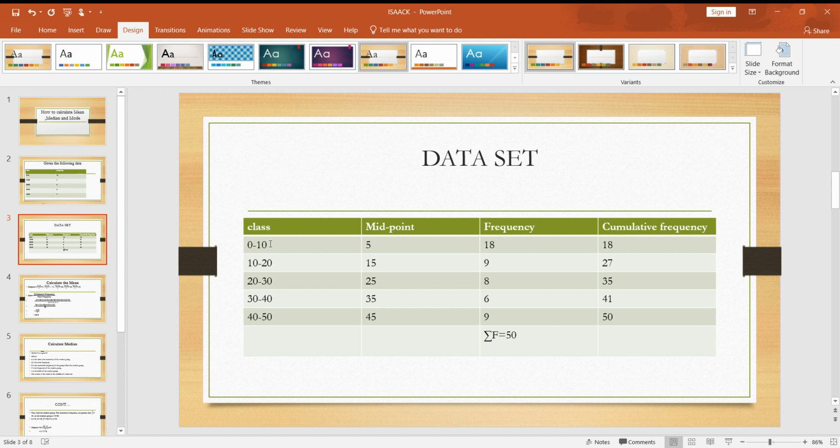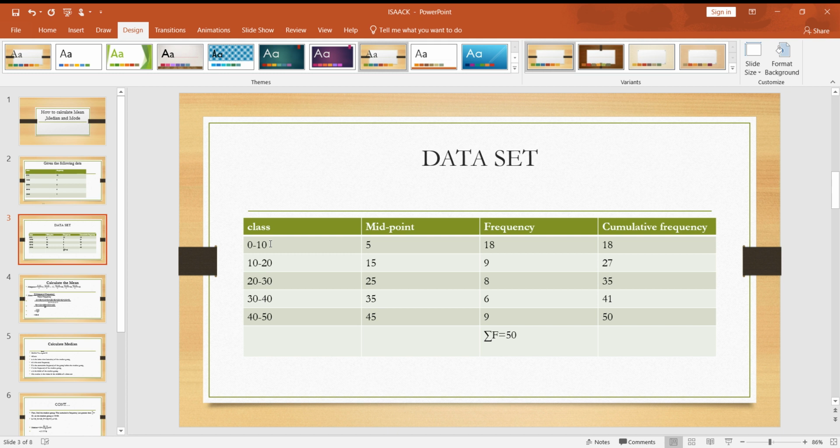The other class of 30 to 40, you just add 30 plus 40, that is 70, then you divide by 2 to get 35. The other class is 40 plus 50 over 2, which is 90, you divide by 2 to give 45. Those are midpoints of those classes.